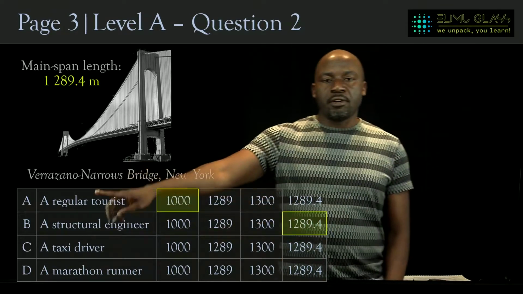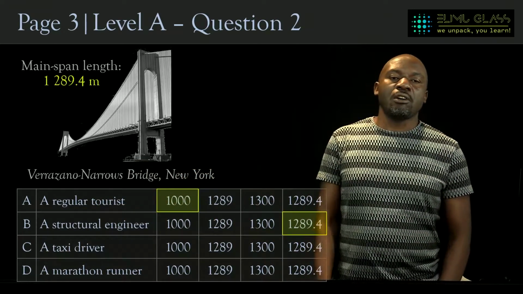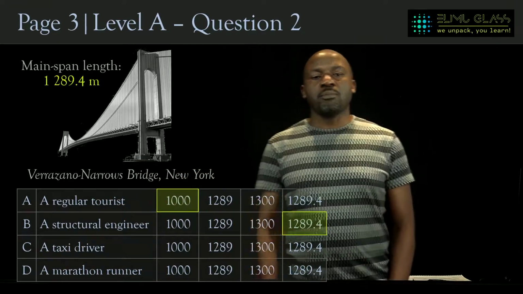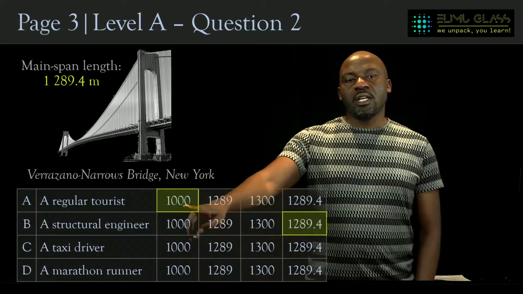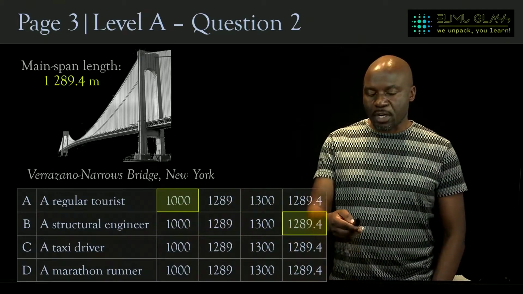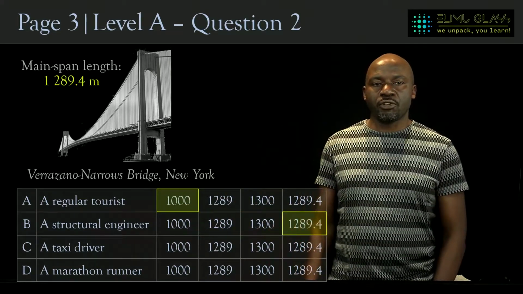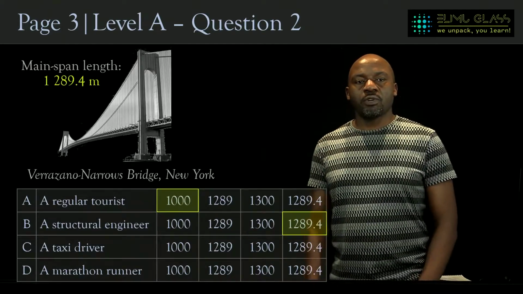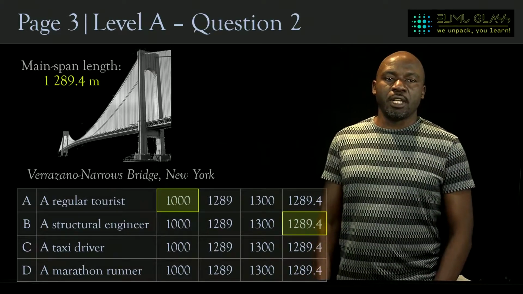The regular tourist is likely to just say the distance is about 1 kilometer, meaning 1 significant figure is appropriate, while a structural engineer is likely to require all the digits in the measurement.